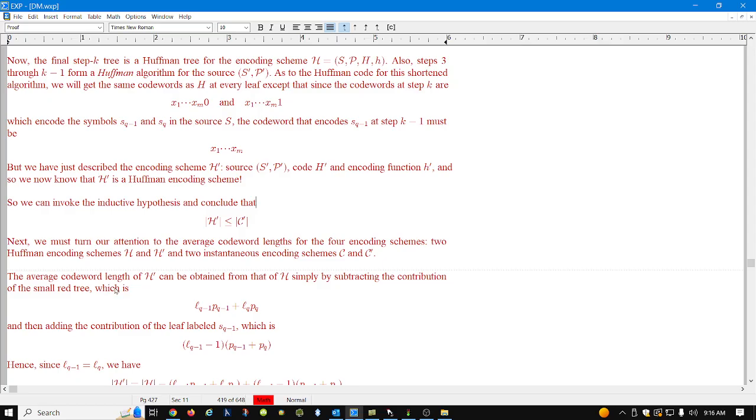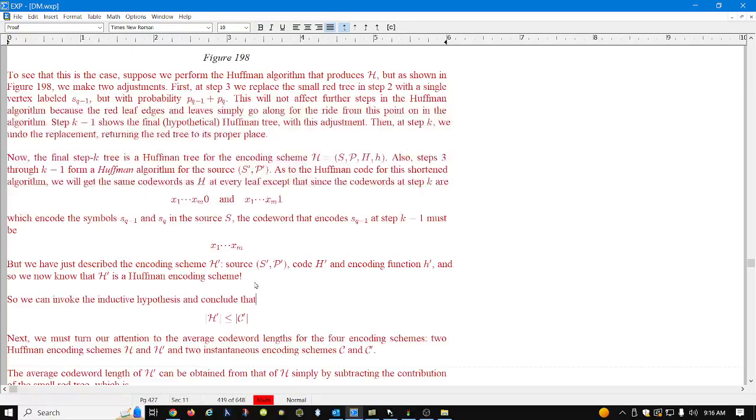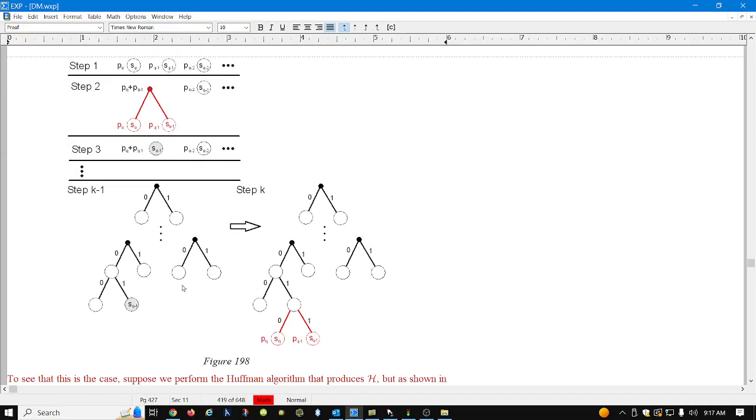Well, the average code word length of H prime can be obtained from the average code word length of H. And you can see that here. The average code word length of H is going to come from this tree, and we have these 2 code words, and their length is 1 greater than the length of the path to the parent vertex.